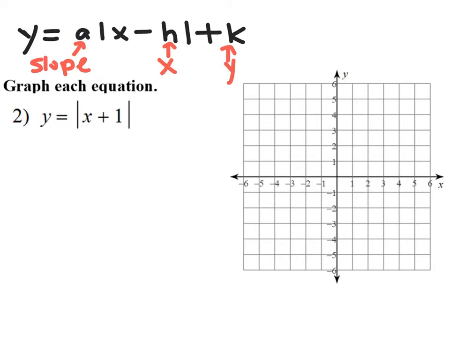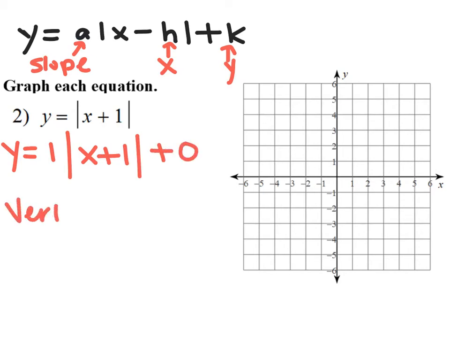Now, to complete this example, let's first rewrite it in that general form. So it'd be y equals, since there's nothing in front of the absolute value, it's really 1 times the absolute value of x plus 1, and since there's nothing after it, it's plus 0.